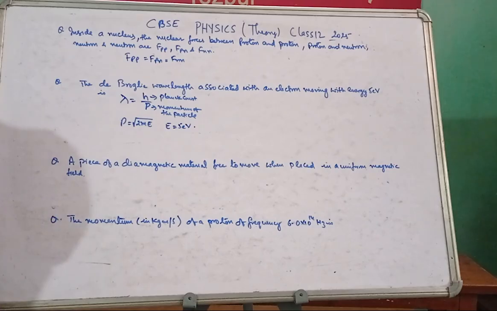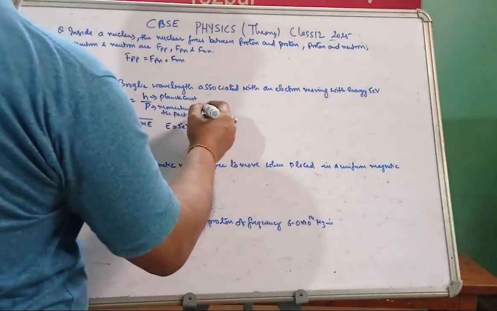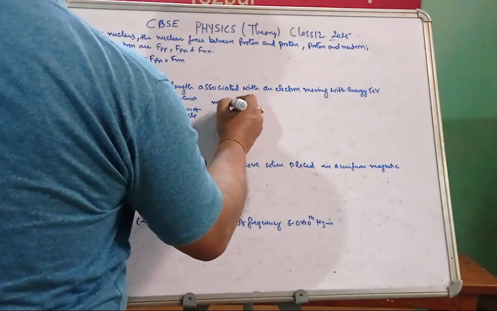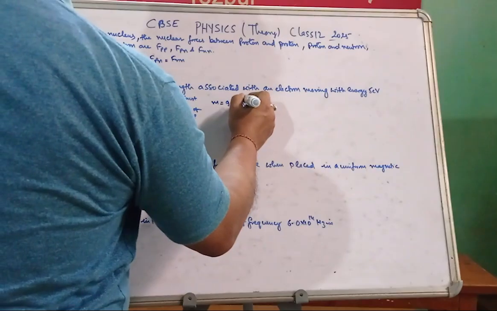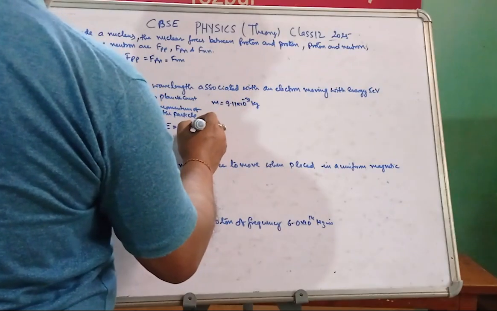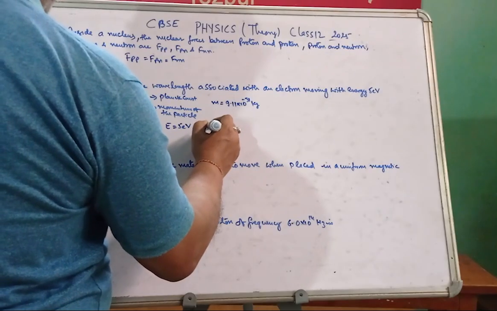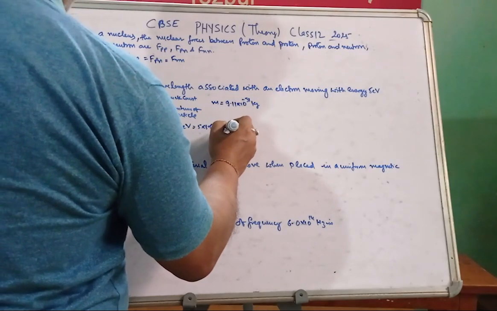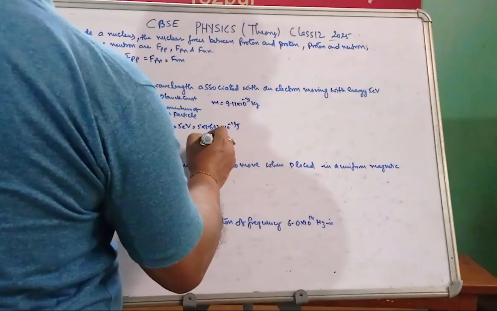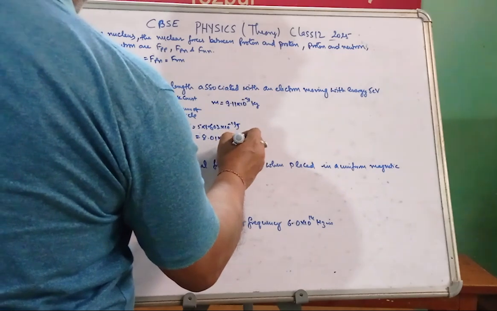Here the mass of the electron is 9.11 into 10 to the power of minus 31 kg, and E is equal to 5 into 1.602 into 10 to the power of minus 19 joules. So this comes out to be 8.01 into 10 to the power of minus 19 joules.